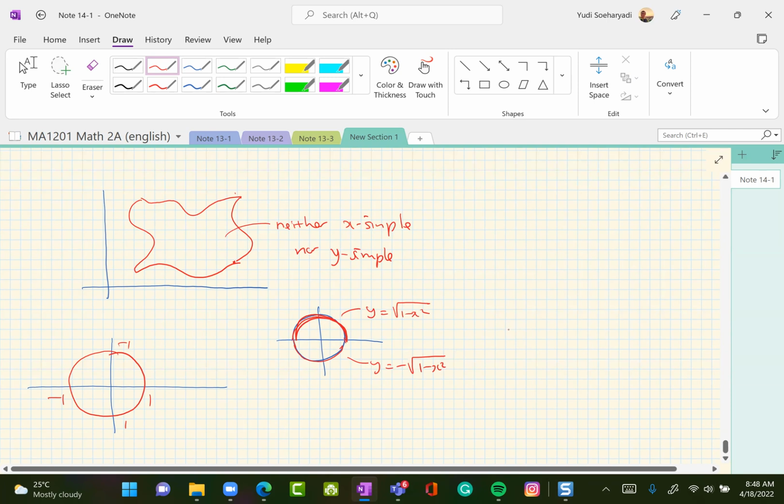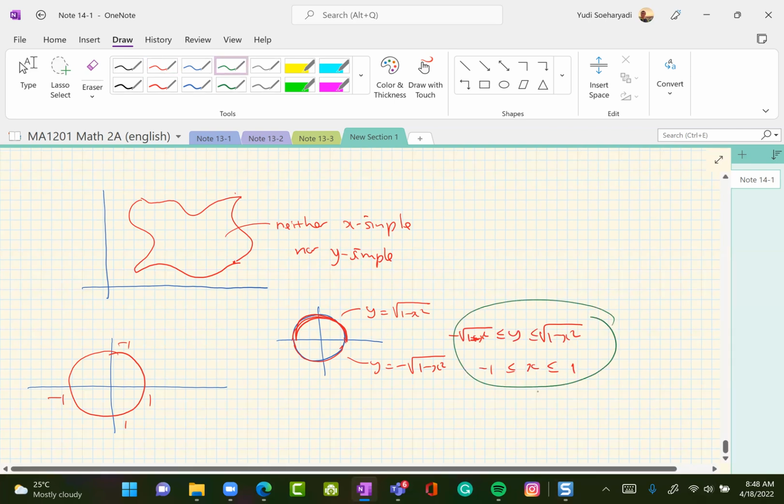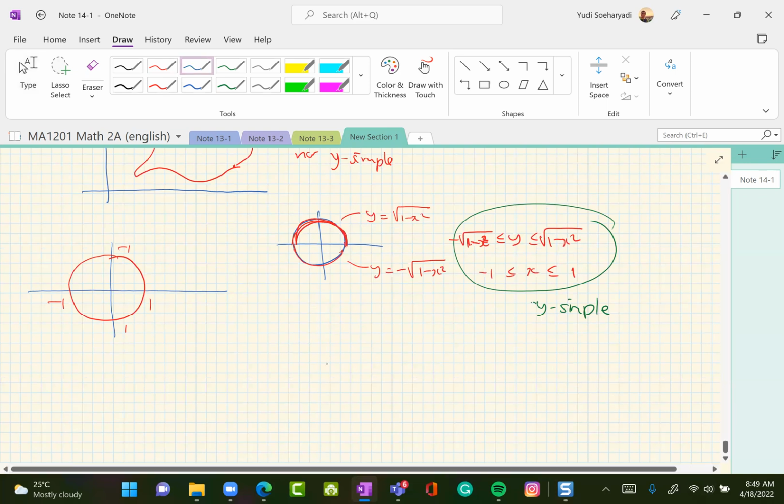So in this case, y equals minus the square root of 1 minus x squared, and x is between -1 and 1. So this tells you that this is y simple. Or you can do it the other way around.